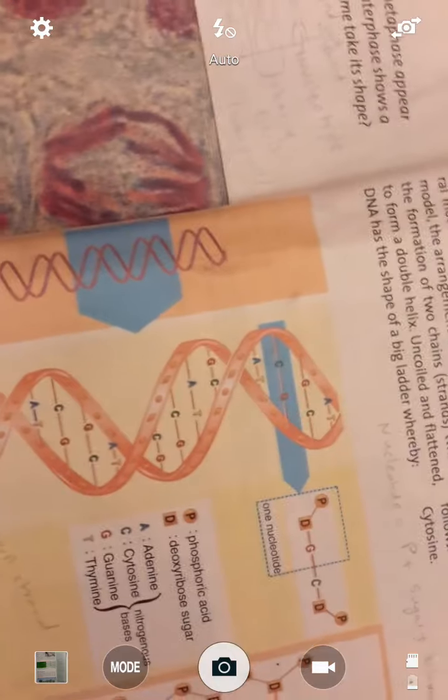It is twisted like this shape. DNA has the shape, we say, of a twisted ladder. Here they put a big ladder, the ladder that we climb on, okay? It is twisted, so it has the shape of a twisted ladder, okay?